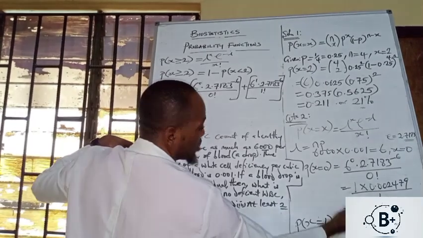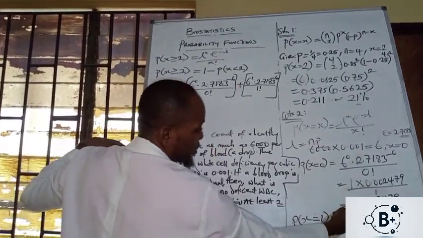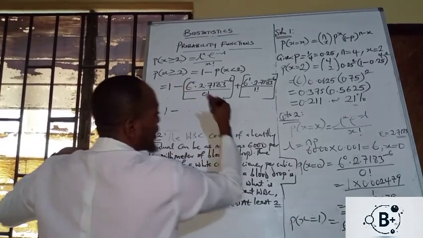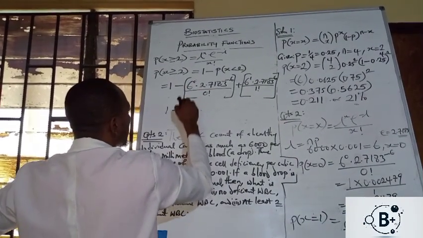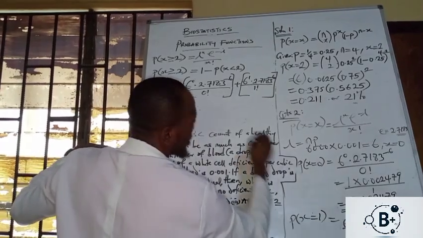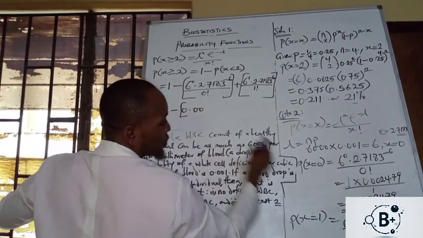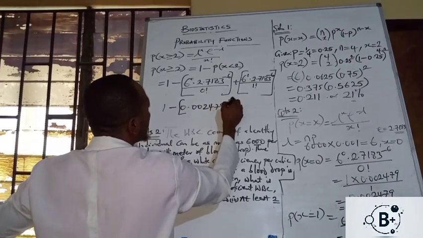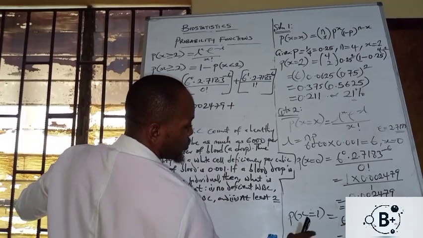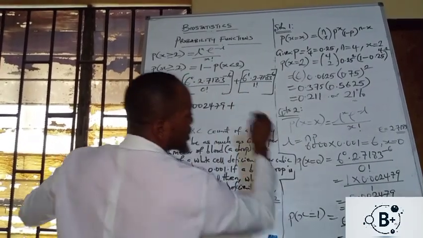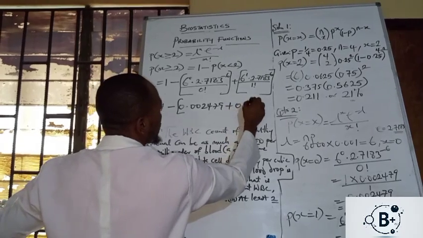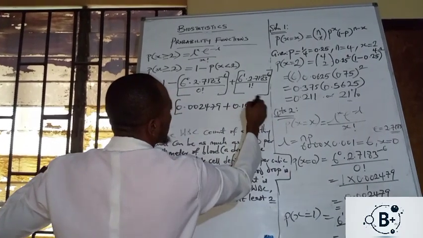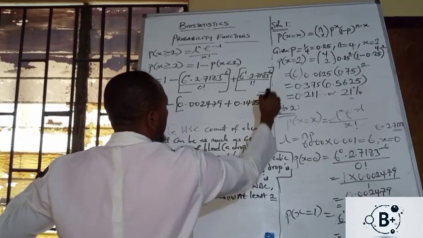So we just bring this value forward, 0.002479, plus that of the one, which is 0.14. Because we solved for it, there's no point solving it again.